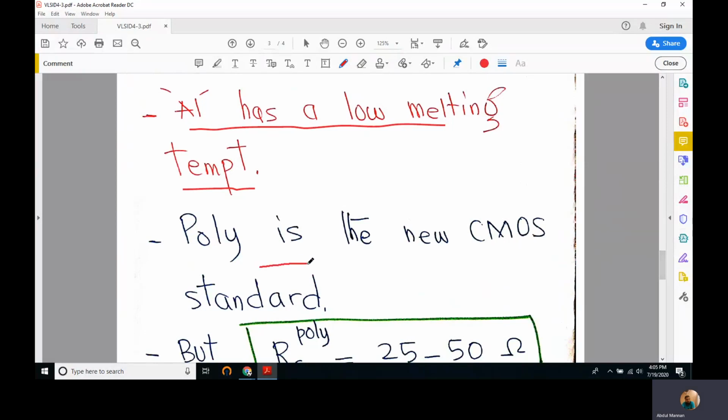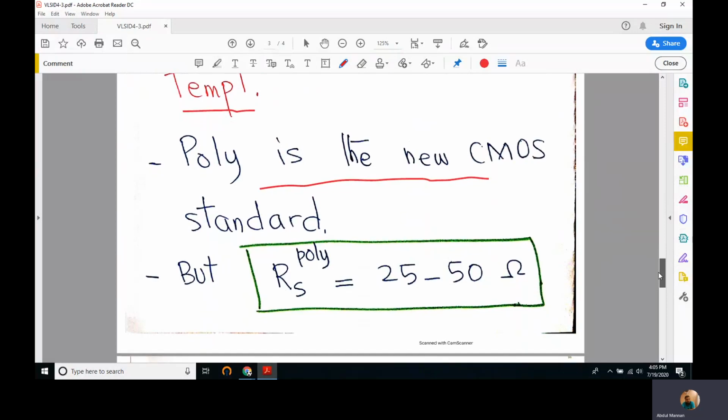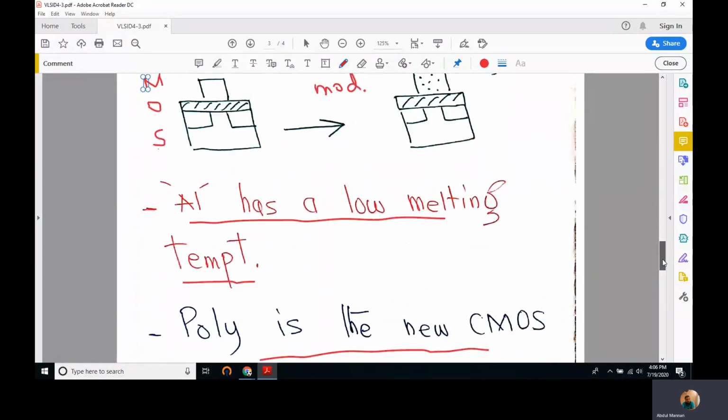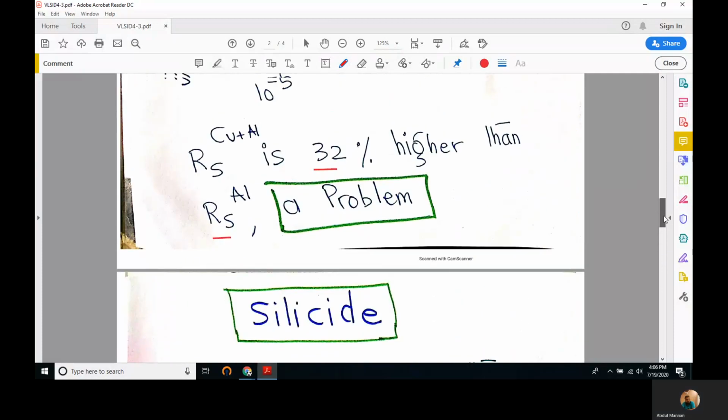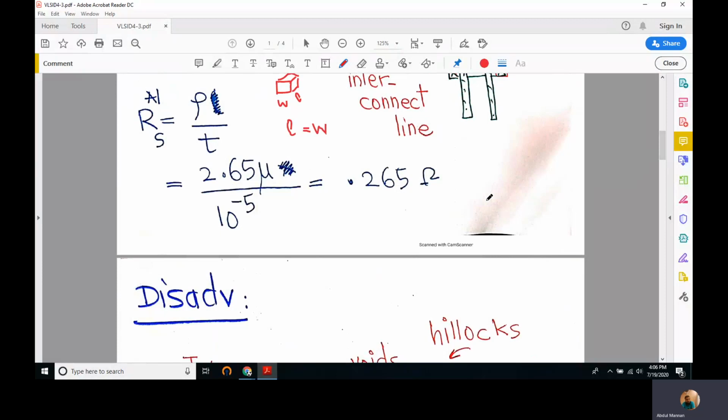Poly is the new choice, the new CMOS standard, but poly has a disadvantage. Everything has some advantages and disadvantages. The sheet resistance of poly is quite high, 25 to 50 ohms compared to aluminum. And we studied that the sheet resistance of aluminum was less than an ohm, 0.265.